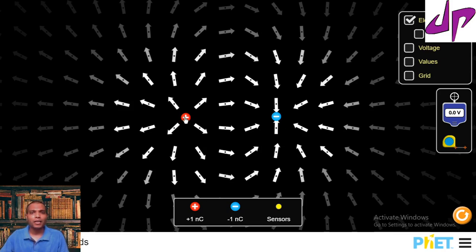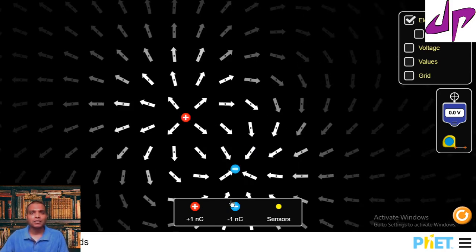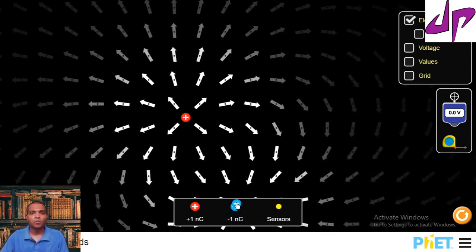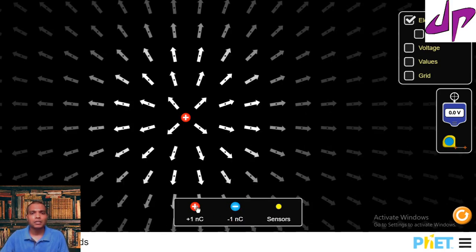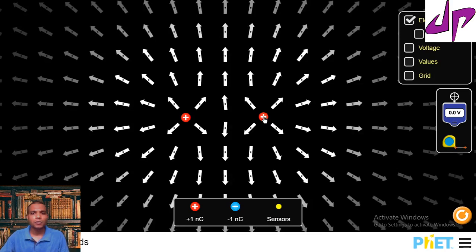Now if I take two charges that are both positive, here you can see the electric field lines are not going from positive to negative, so they are moving away from both of the positive charges, since they both are the same charges.